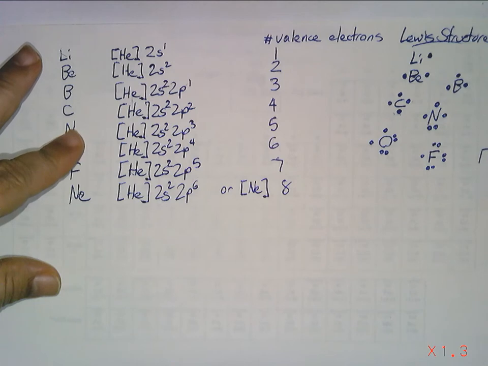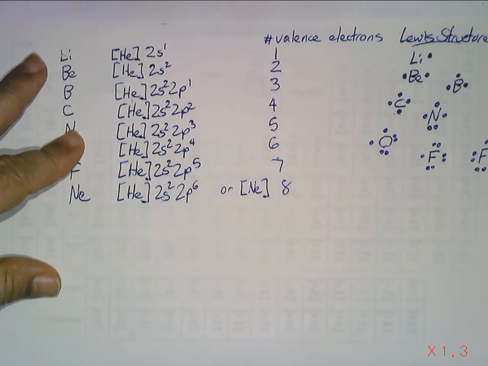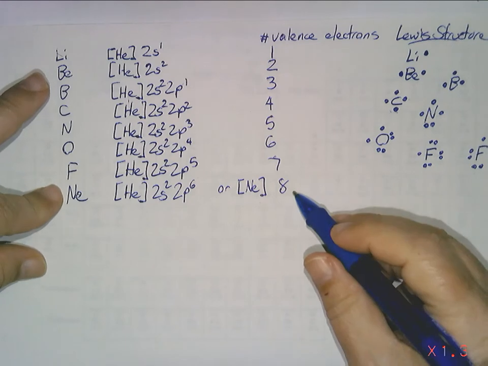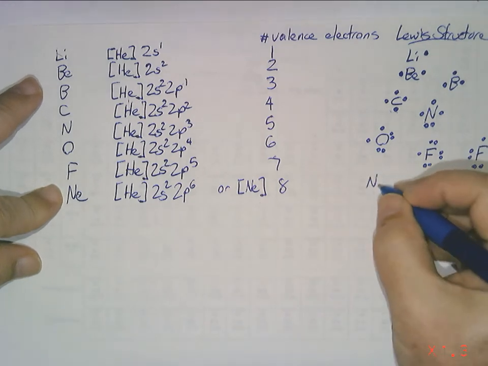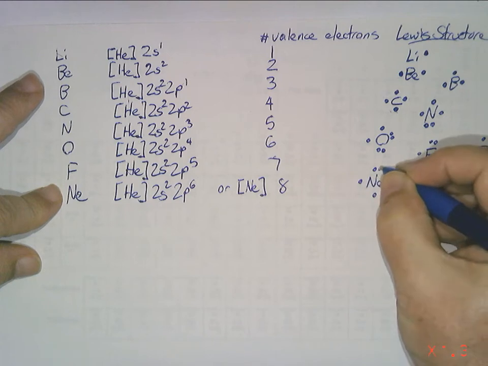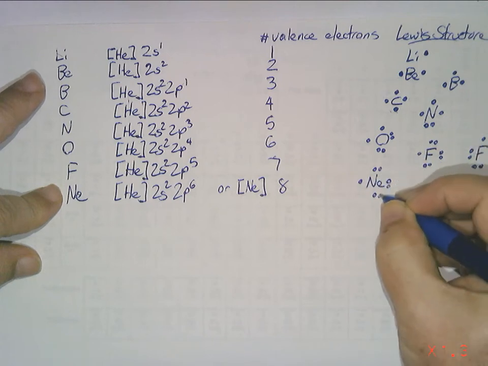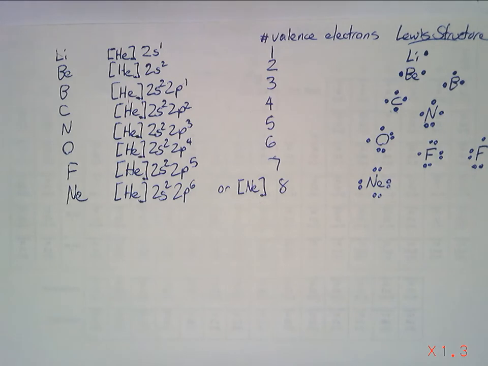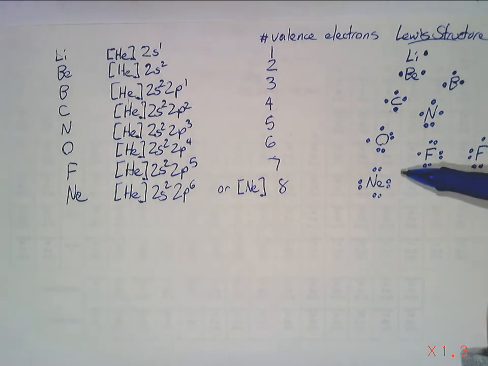I could have done the fluorine like this. Doesn't really matter which way that odd electron points. Okay, and with neon, I've got 8. 1, 2, 3, 4, 5, 6, 7, 8. So these are the Lewis structures for all of these atoms.